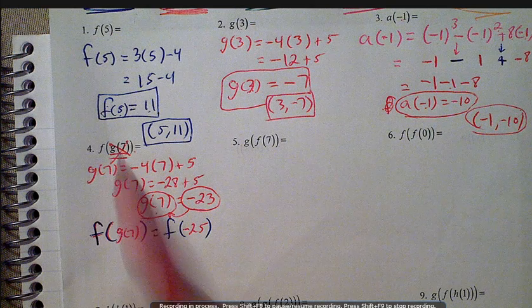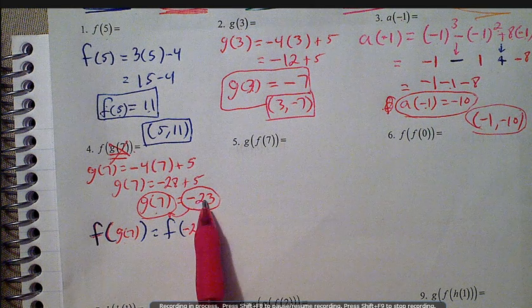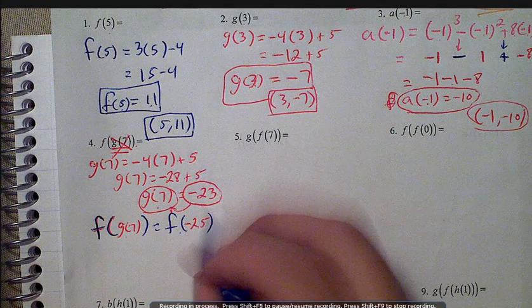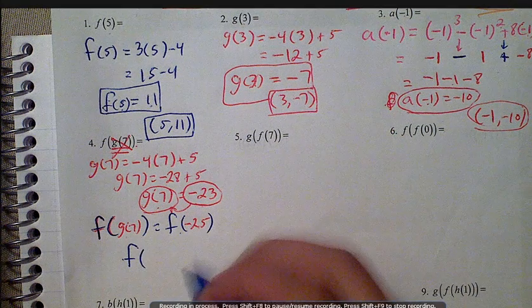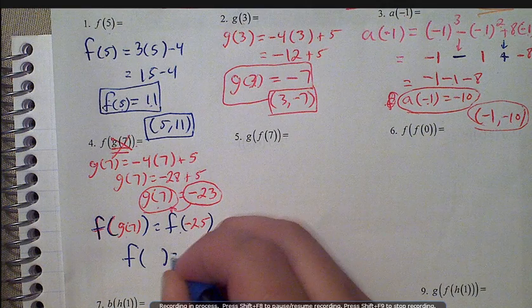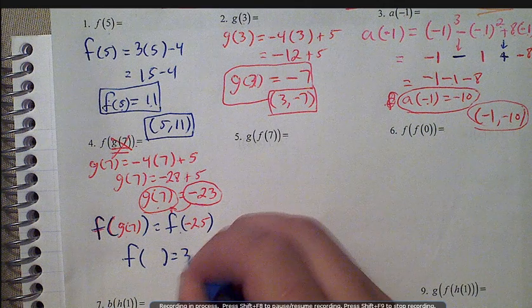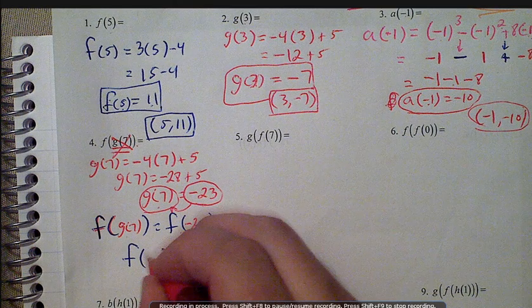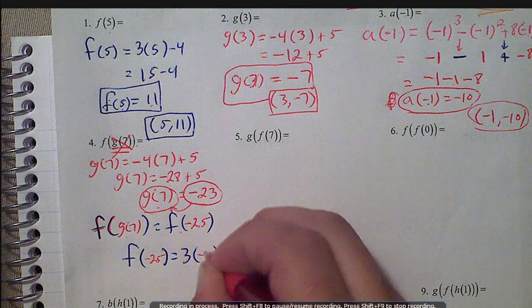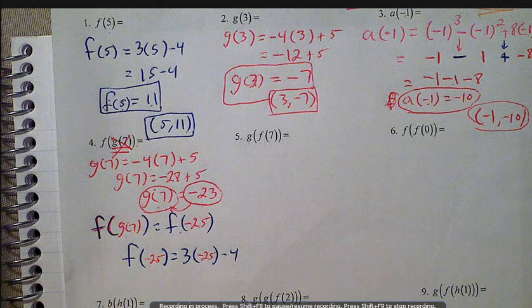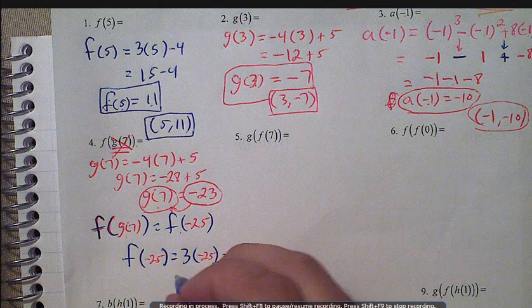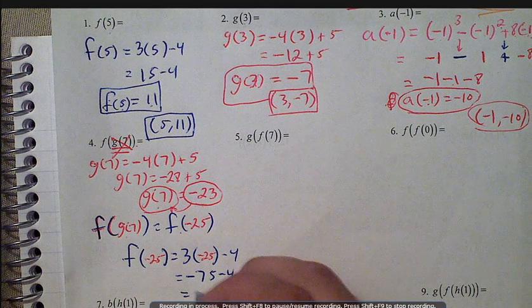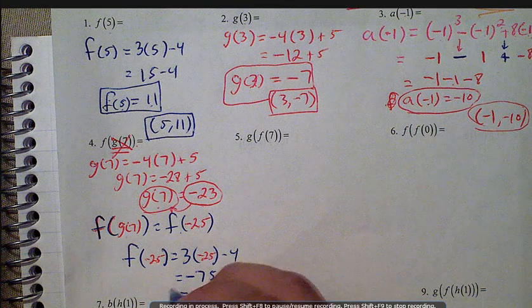So f of negative 25. We said f is 3 times something minus 4. Substitute negative 25 in for x. And we have negative 75 minus 4. So you get negative 79 for an answer.